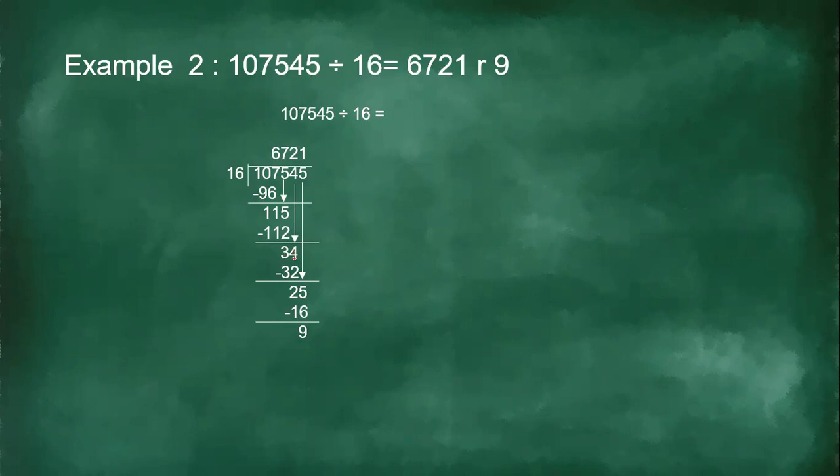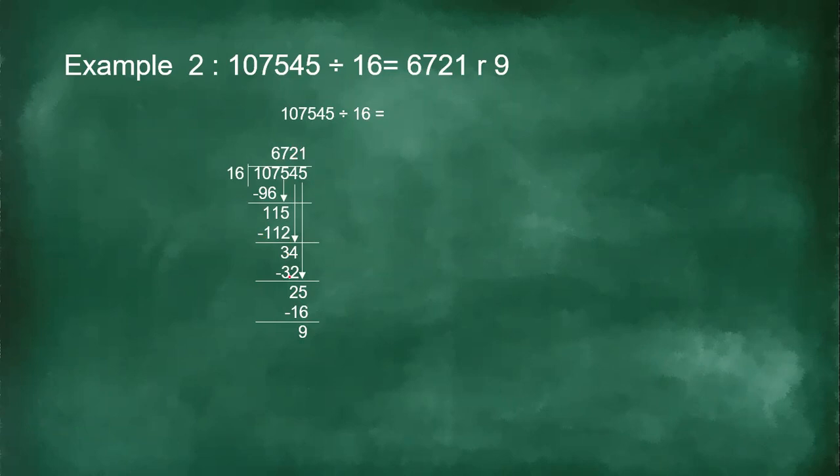Then you say 16 into 34. So we put the 2. 16 times 2 is 32.